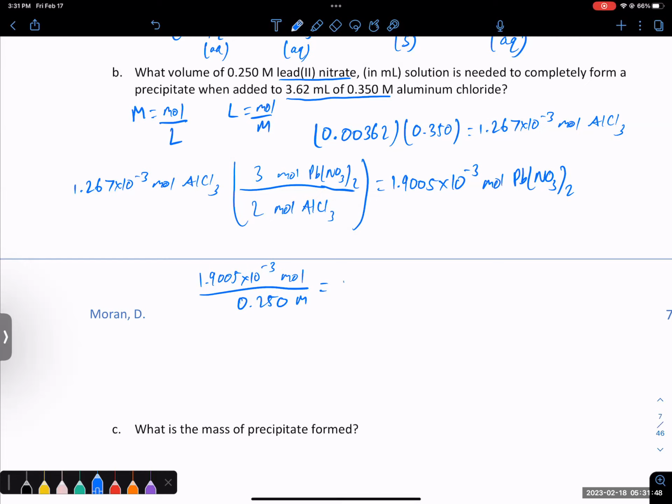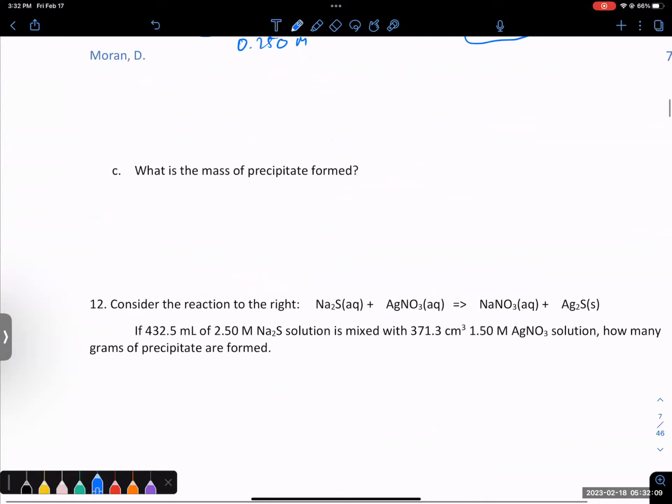So you multiply by 1,000 and you get 7.60 milliliters. That's how you solve it out. All right, that's part B.